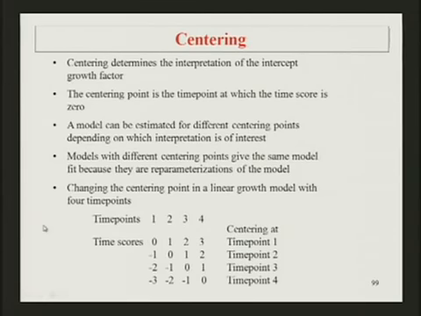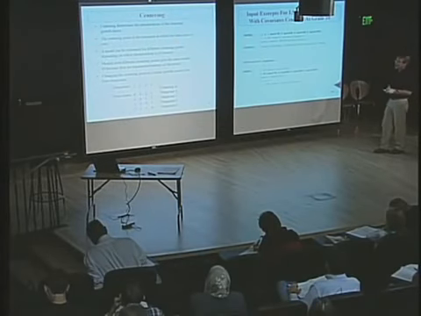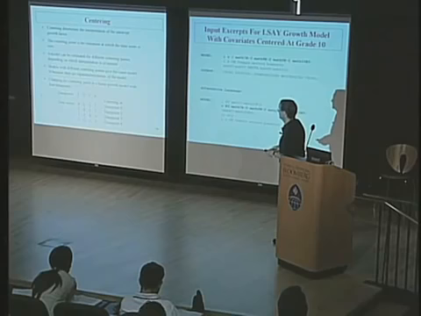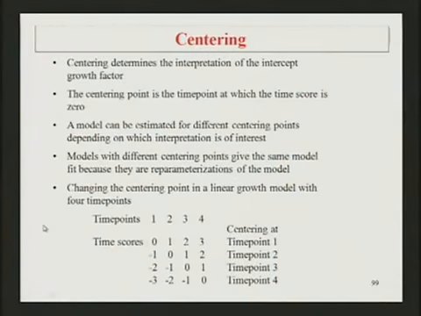Same model fit. Now, changing the centering point in the linear growth model for 4 time points, that's an example here. Time point 1, 2, 3, 4. We start off with time scores 0, 1, 2, 3. But you could change the centering to, say, the last time point, where the 0 would be at time point 4.